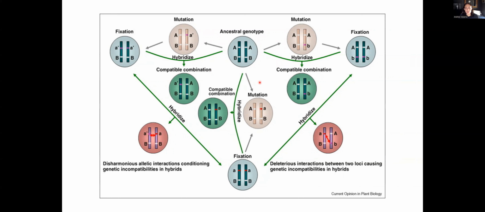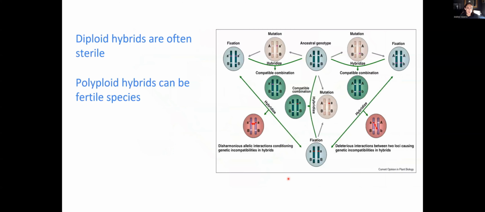And once they are joined in a single nucleus, there can be deleterious interactions, given mutations and whatnot, that cause genetic incompatibilities in hybrids. That's especially the case in diploid hybrids. We often find that they are sterile. However, following a polyploidization event, some hybrids can be fertile species.